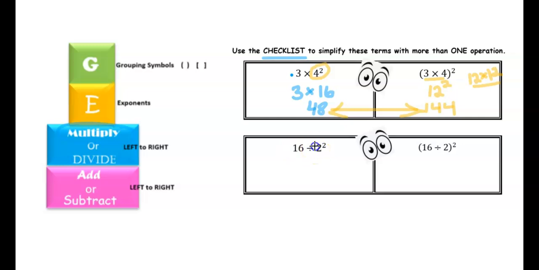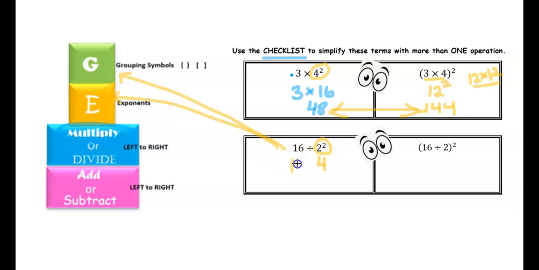So it's division and exponents. Those are the 2 operations I'm looking at. So I go up here. I have no grouping symbols. There's no parentheses. I do have exponents. That's the second thing I check. So I'm going to do the exponents before I divide. Exponents before you divide. 2 squared is 4. 2 times 2.